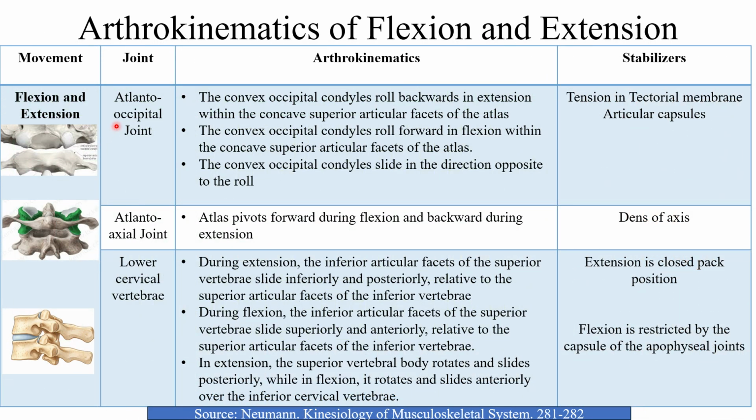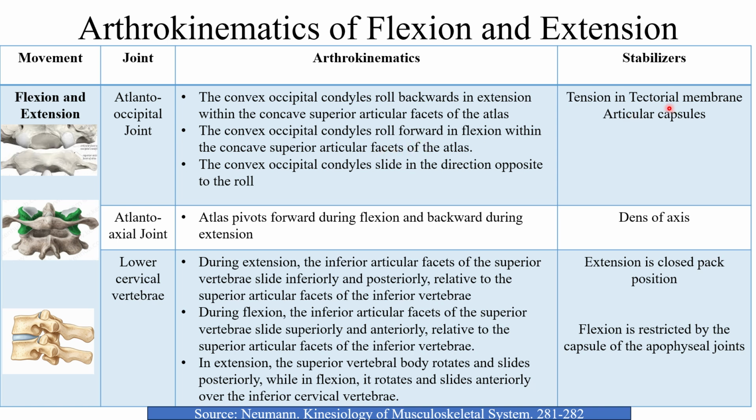Let us first look at the arthrokinematics of flexion and extension. We have divided it joint-wise into three parts, which is what movement happens at Atlantooccipital joint, what happens at Atlantoaxial, and what happens in the lower cervical vertebrae. Now, if you look at the Atlantooccipital joint, the occipital condyles are basically convex, so they roll backwards while they slide forwards in extension, and they are rolling forward while they slide backwards in flexion.